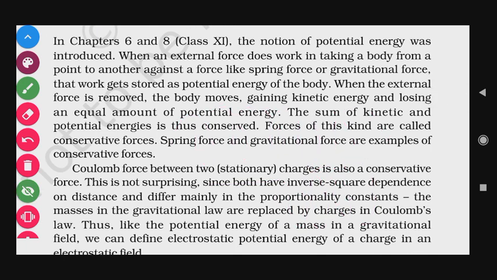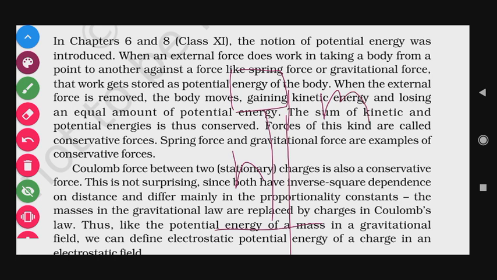Now the sum of kinetic and potential energy is thus conserved. Similarly, when the external force is removed, the body moves, gaining kinetic energy and losing an amount of potential energy. So if you have put this box up to a height h, and when you release it from the height h, this mass falls.